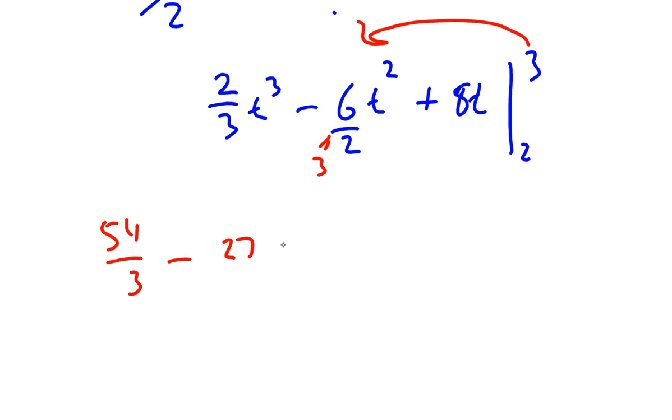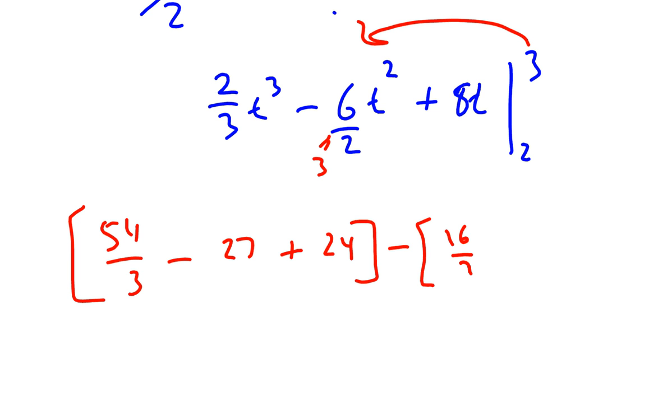And then lastly, plus 8 times 3, which is 24. And then minus, if I plug in 2, 2 cubed is 8 times 2 is 16, so 16 thirds. And then if I plug 2 in here, 2 squared is 4 times 3 is minus 12. And then if I plug the 2 in the last part, I get 16.